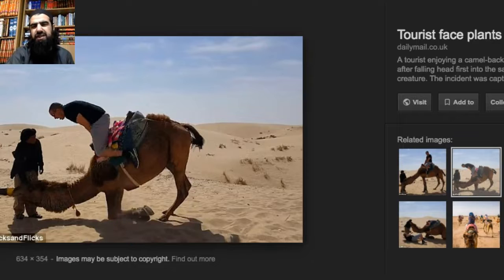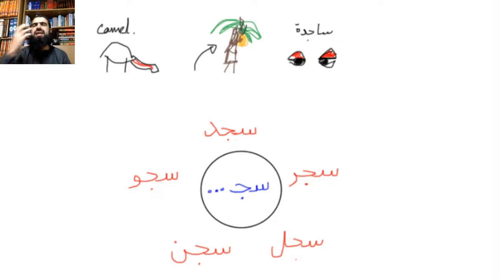So you're starting to get an idea now in your head that any word that has sajada in there means to lower down, to go down. Keep that in mind. Now a man who bows down, so his back is being bent down, in Arabic that is actually called sajada as well.